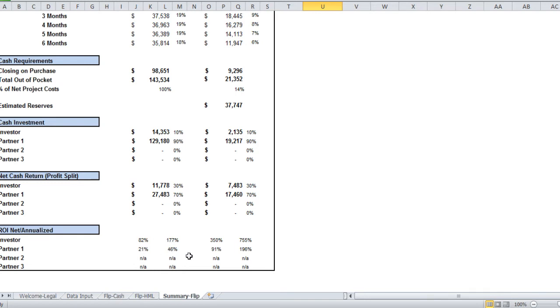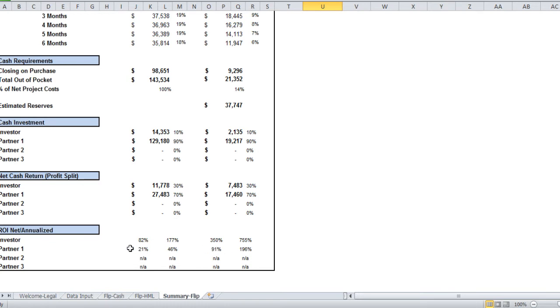And then we get down here on a recap of the ROI again. So we have 82% with annualized 177%, or 21% versus 46%. And then we have 350, 755, 91, and 196.